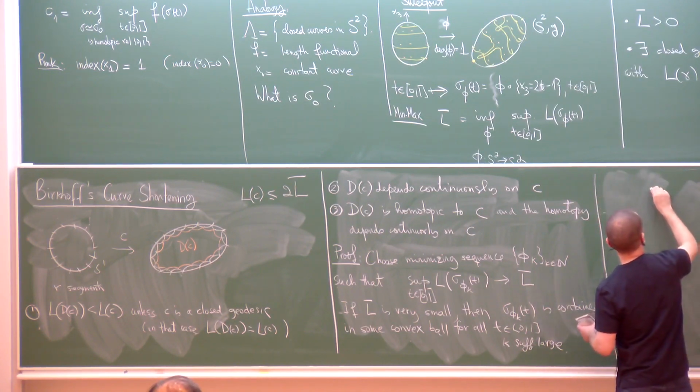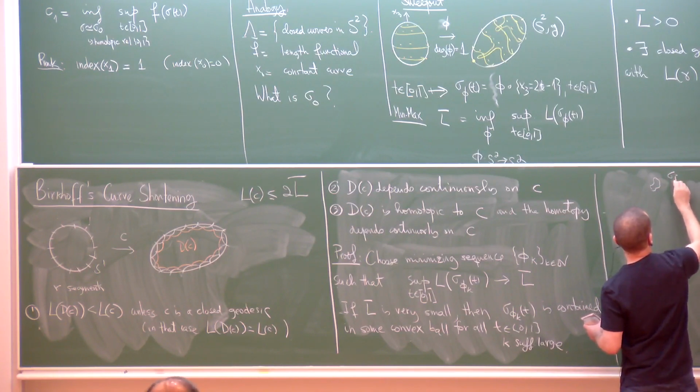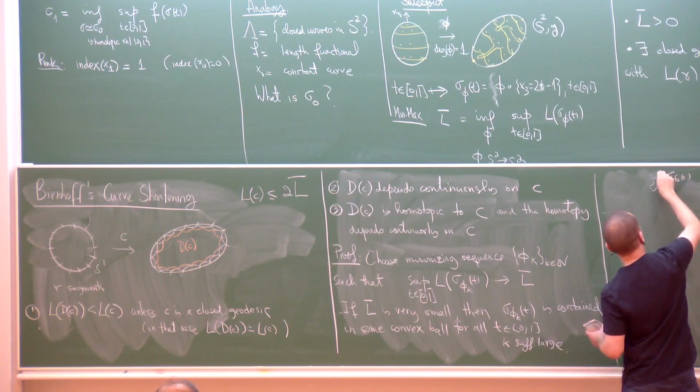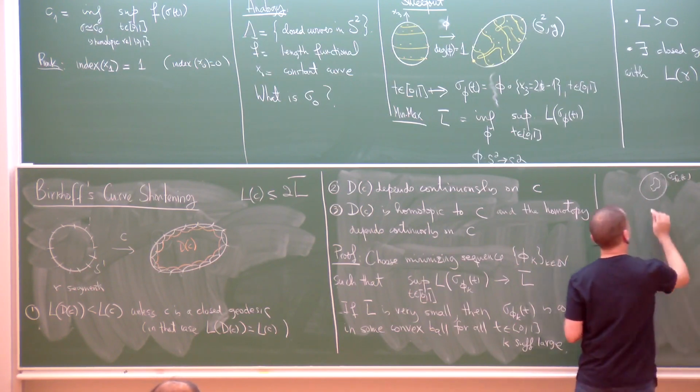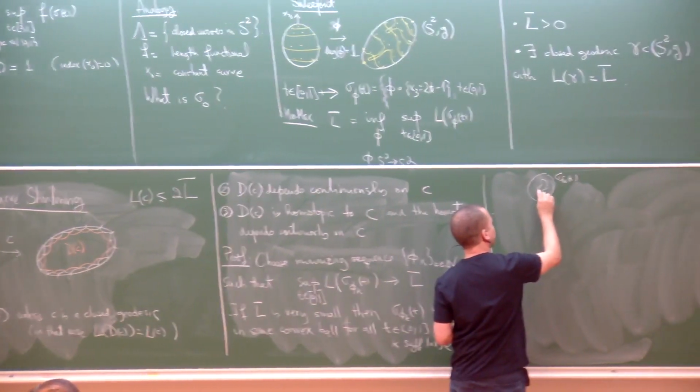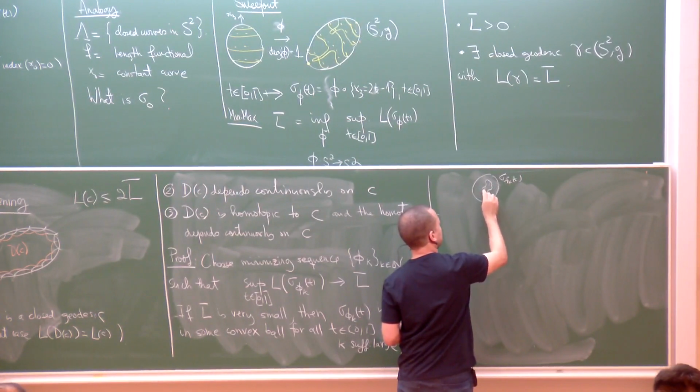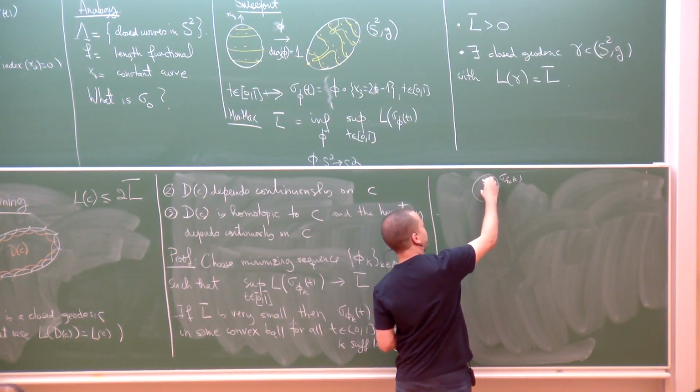So every curve in my sweep out lies inside some convex ball, but then I can just homotope my curve using minimizing geodesics. I can just deform it, retract it to a point.